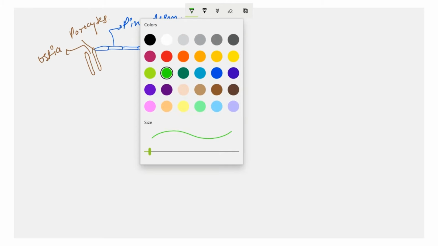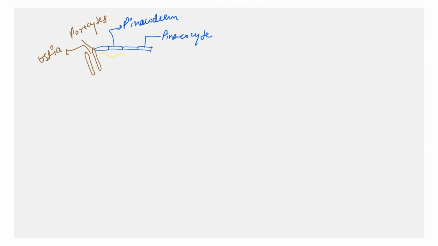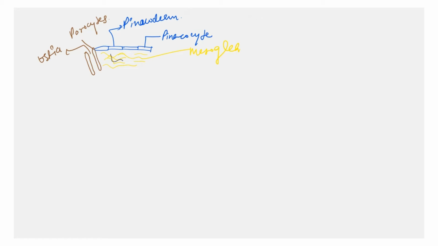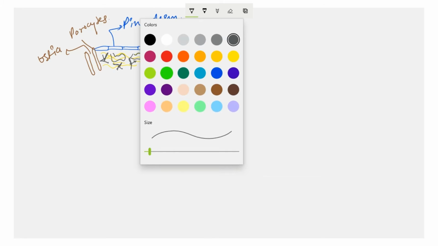That jelly material in between the pinacoderm and the choanoderm is the mesoglea, and inside the mesoglea you have a variety of amoeboid cells. Then you have spicules, calcareous spicules, spongin fiber. You might have siliceous spicules to provide strength to the body wall of sponges.